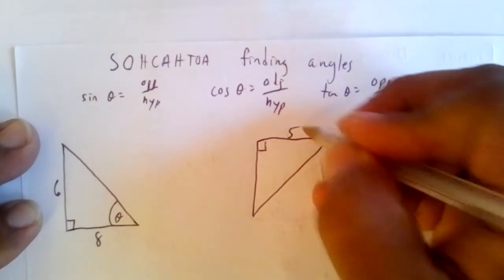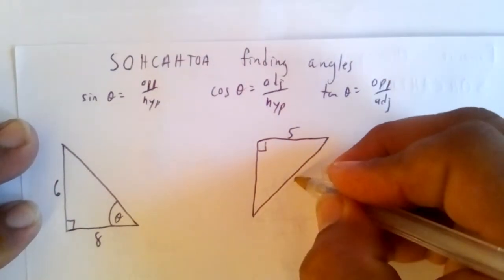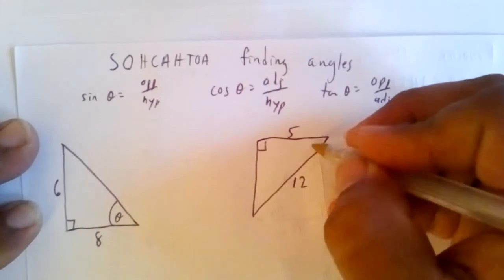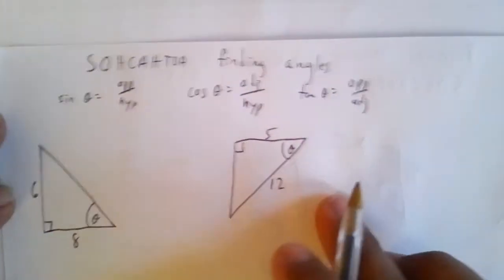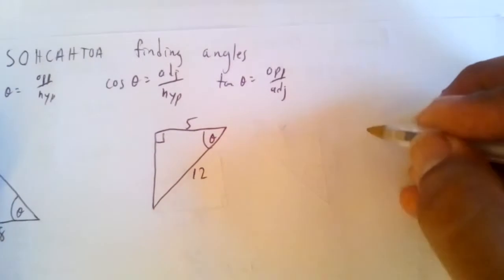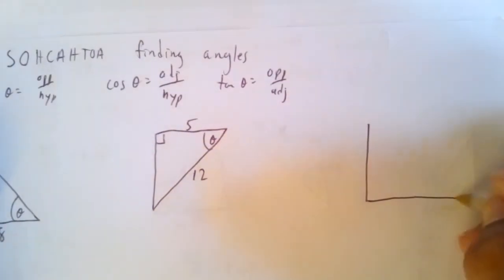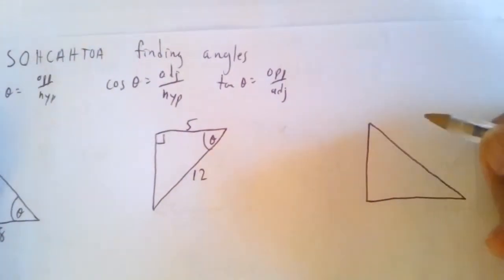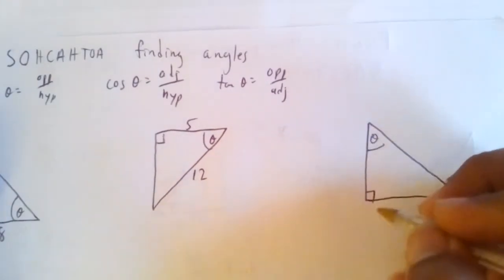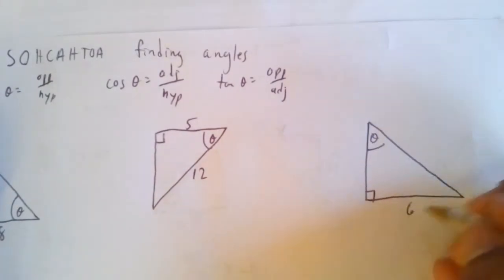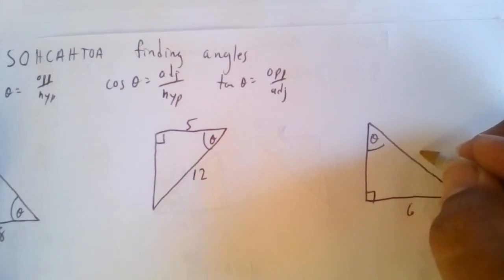So maybe here 5 and 12, and this is the angle given. Remember, it doesn't really have to be this way. It can be this way, or this other way here that we have our shape. So this is the other angle here that we can find, and maybe here we have 6, and say 12.